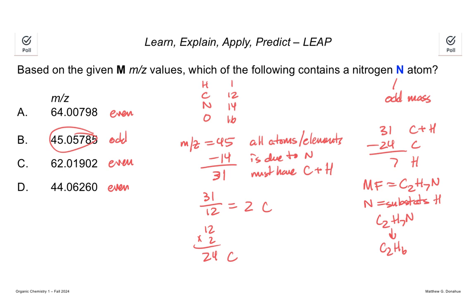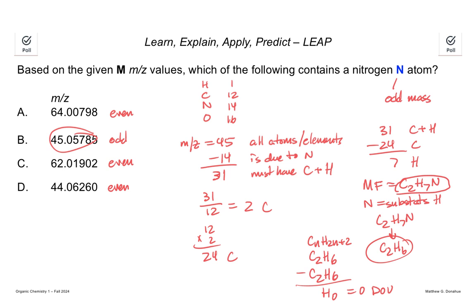Using the alkane formula, CnH2n plus 2, C2 must have 6 hydrogens. So we found a molecular formula of C2H6. So we get H0. So this has 0 degrees of unsaturation. So overall, yes, C2H7N is a reasonable molecular formula.